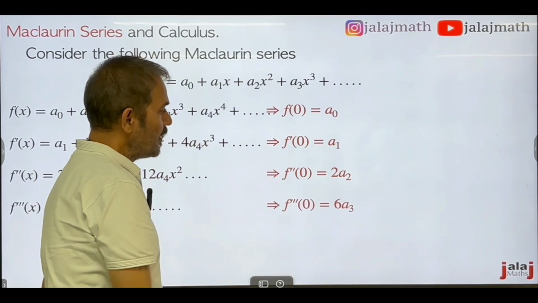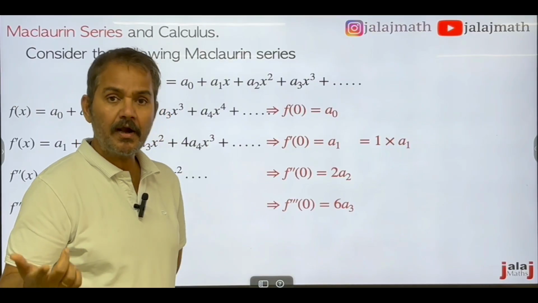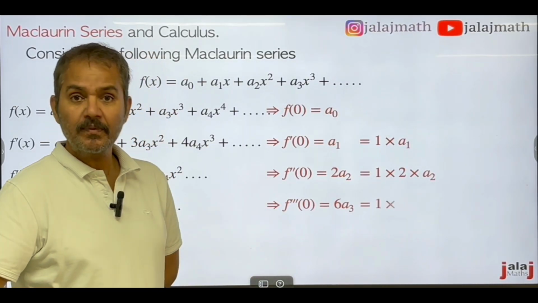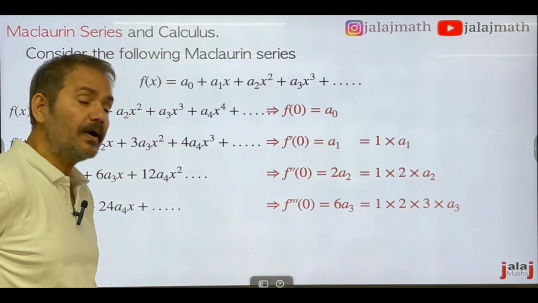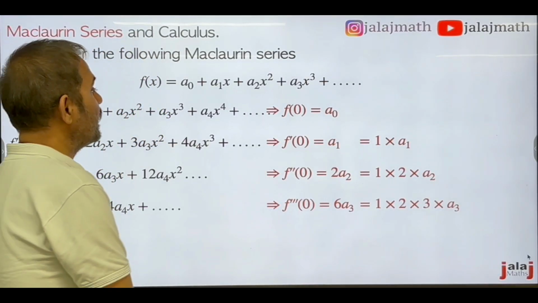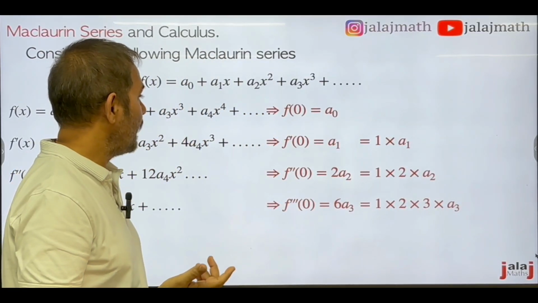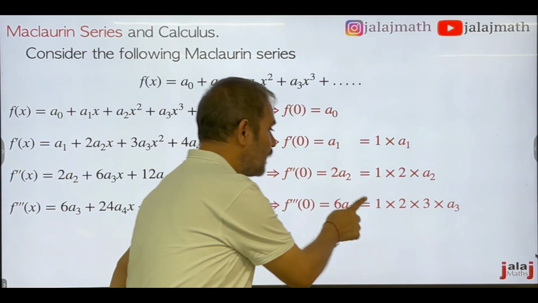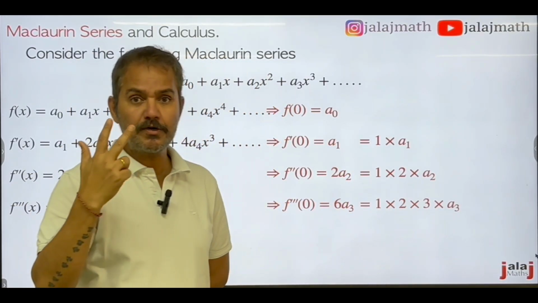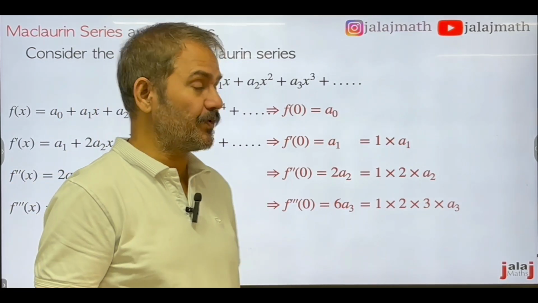So if you see a1, can we write a1 as 1 times a1? 2a2, can we write 1 times 2 times a2? 6a3 will become 1 times 2 times 3 times a3, and a0 we can write as 1 times a0. So 1, 2, 3, this is factorial 3. 1 times 2 is factorial 2. 1 is factorial 1, and 1 is also factorial 0.